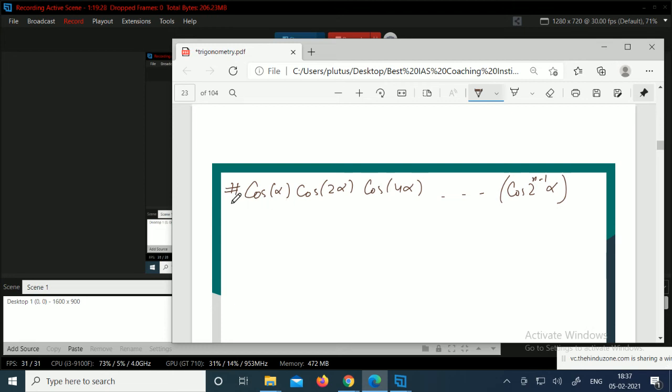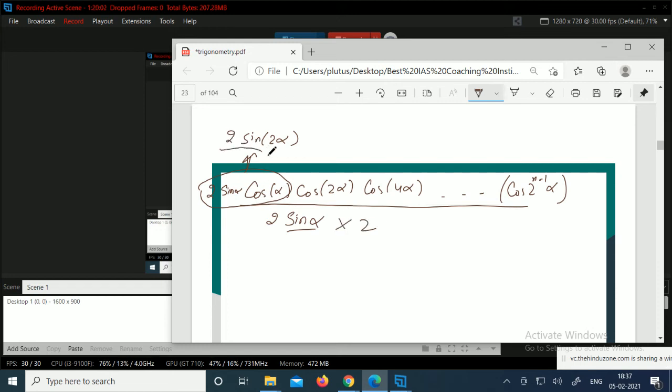Okay, if I multiply and divide this series by sine alpha and 2, can I conclude these two terms as sine 2 alpha? So this term is converted into sine 2 alpha, and this is our constant value because sine alpha and this is 2. Again if I multiply with 2 and club these two, can I write this as sine 4 alpha?